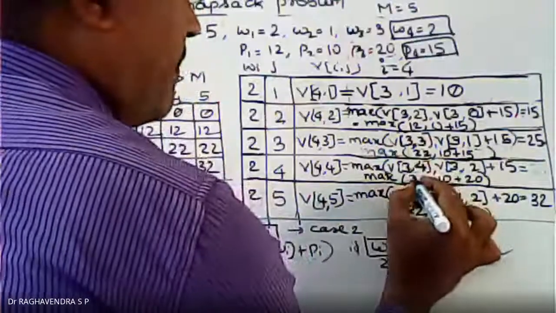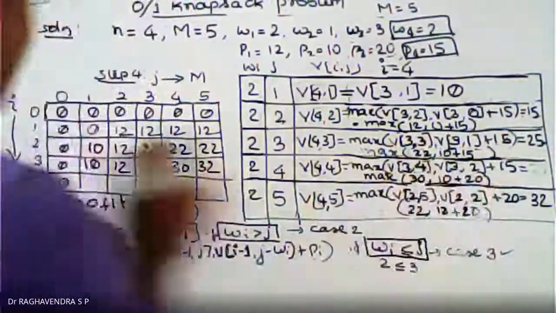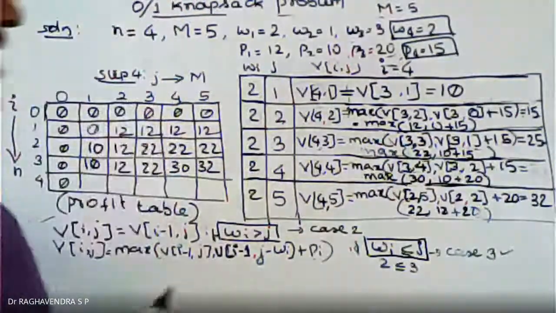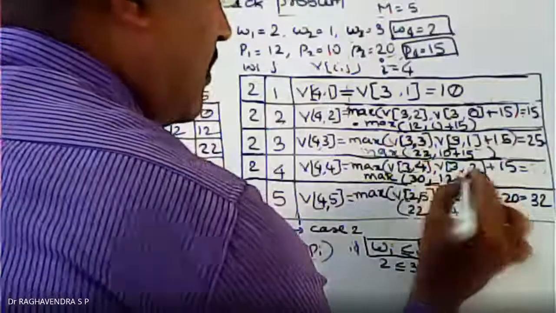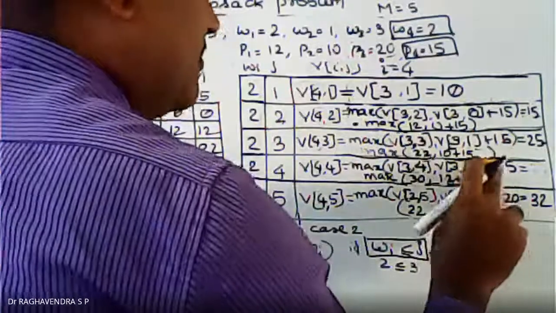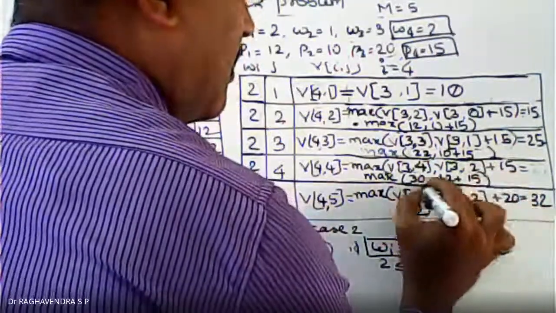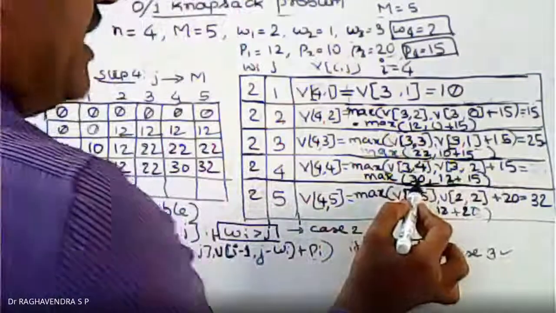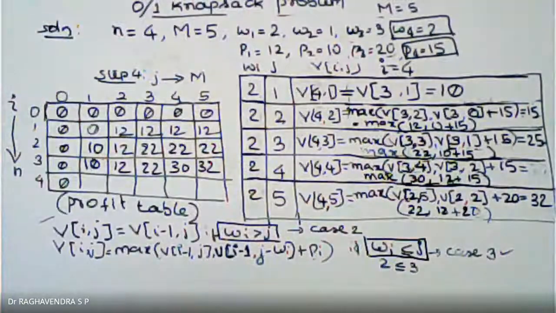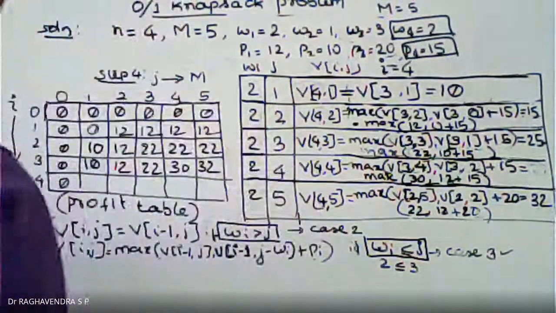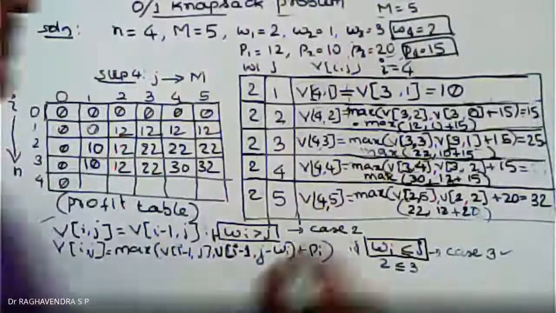Comma 3 comma 2, what is the value? 12, plus profit, that is 15. So at one end we have 30 and at the other end we have 27. Which is the maximum? 30 will be the maximum.